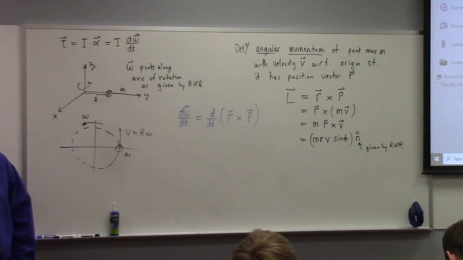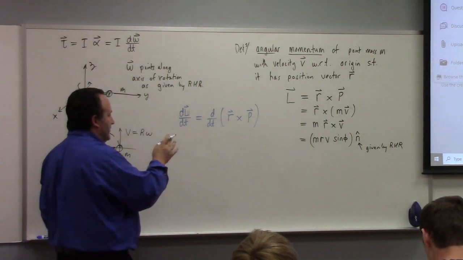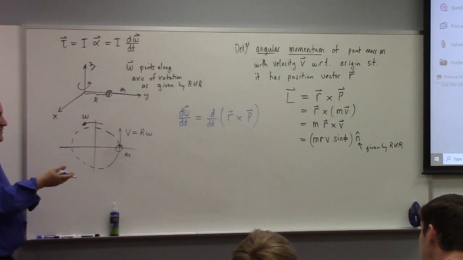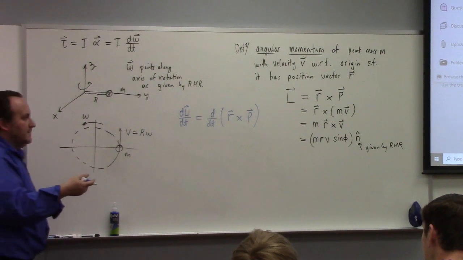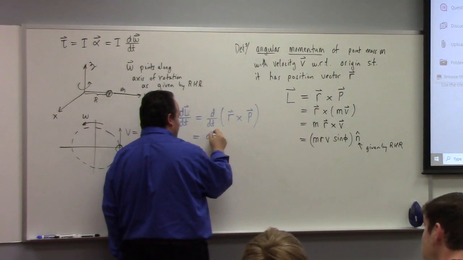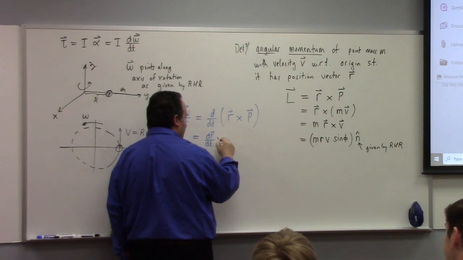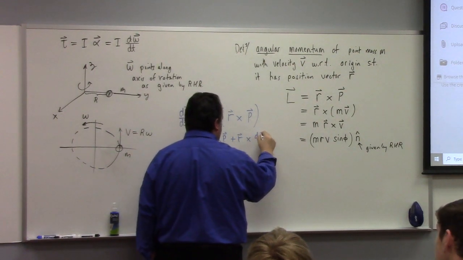The interesting thing is there is a cross product, and there's a product rule for the cross product, just like there's a product rule for a dot product. Now the rule for the cross product is you have to be careful of the order. And so it goes like this: dr/dt cross p plus r cross dp/dt.